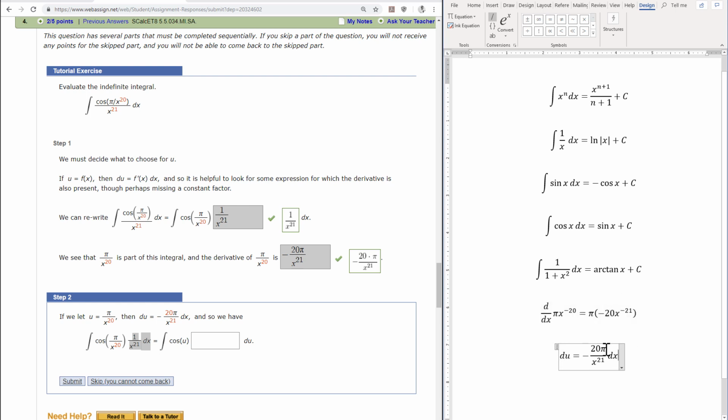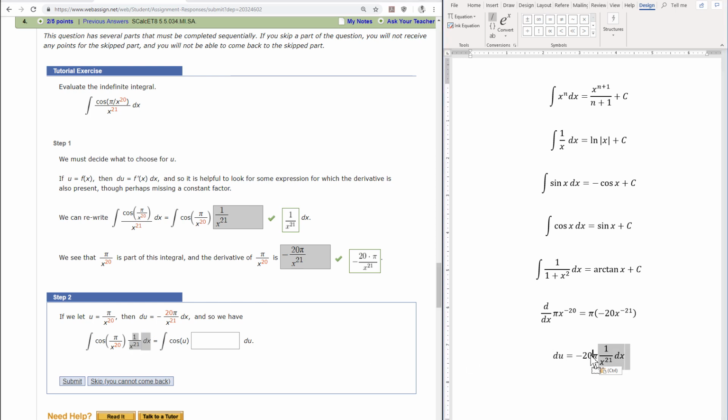So let's move things around. Let's take this negative 20 out here. So negative 20 pi times 1 over x to the 21st power times dx. And so this is exactly what we're trying to replace here.